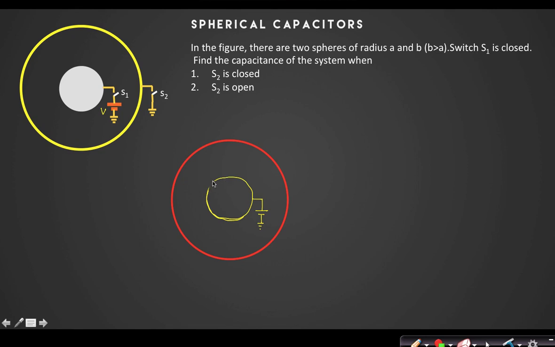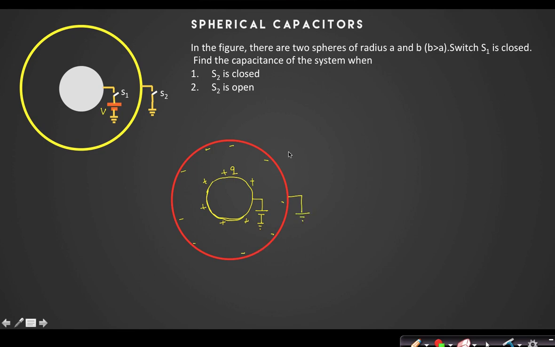So the charges are on the outer surface. Suppose the charges are Q. This Q charge will induce a minus Q charge on the inner surface of the bigger shell. And the outer surface of the bigger shell is earthed.